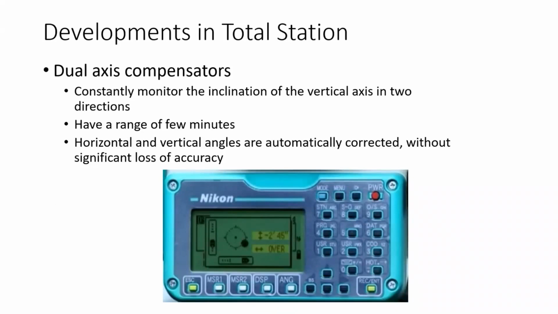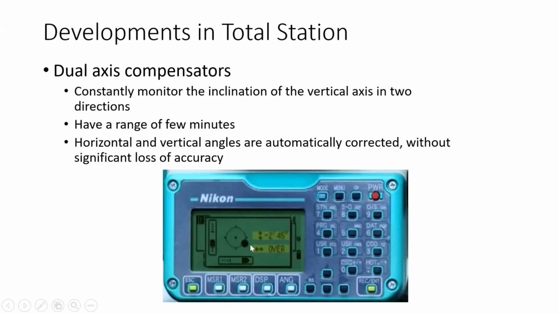Developments of totalization. In totalization there is something called a compensator. This compensator will see how much it is out by horizontal plane. The instrument has to be leveled in both the X plane and the Y plane.